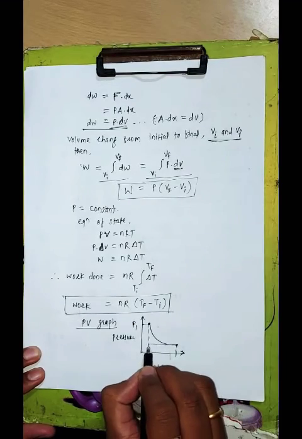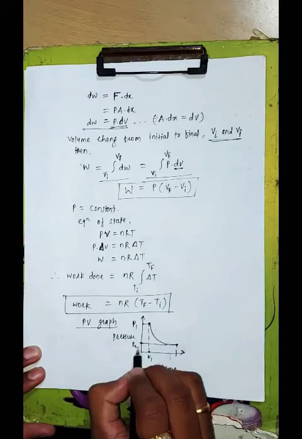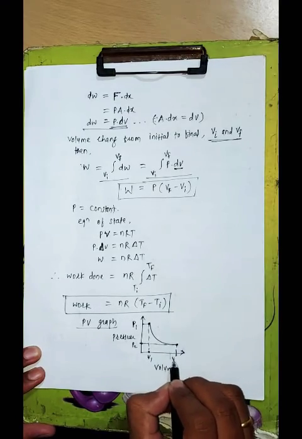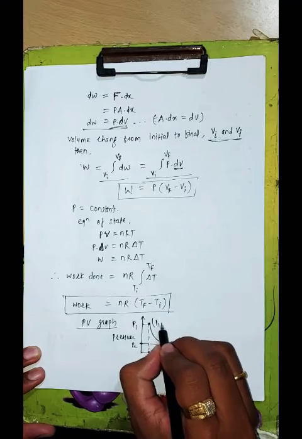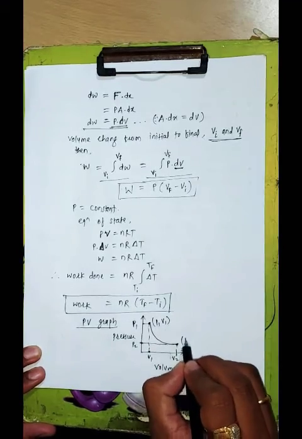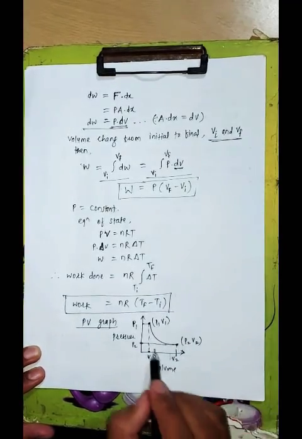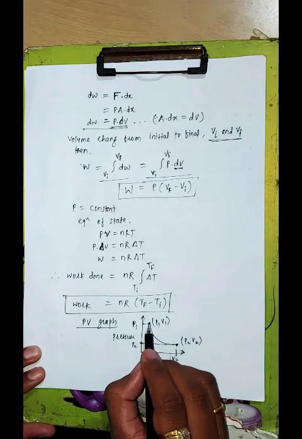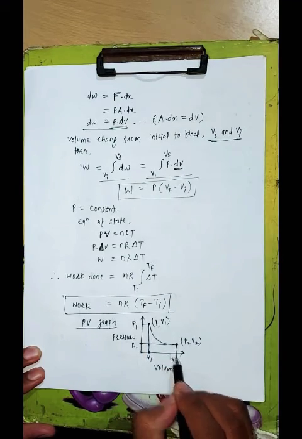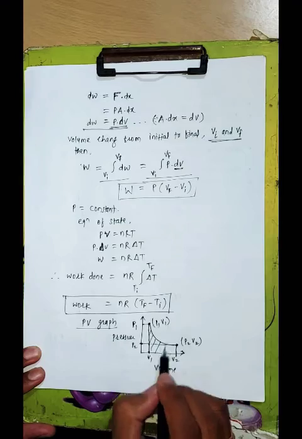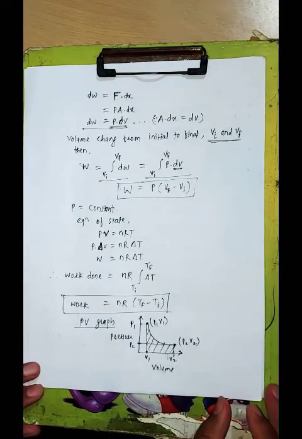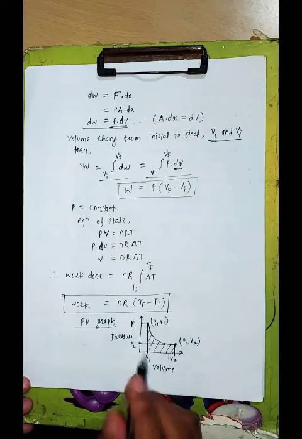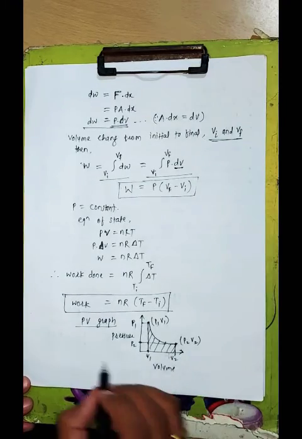Then this point is P2 and this point is V2. So here the coordinates are P1 V1 and here P2 V2. So there must be an area under this graph. That much amount of area under this graph, this particular area under the PV graph. This particular graph is known as a PV graph.